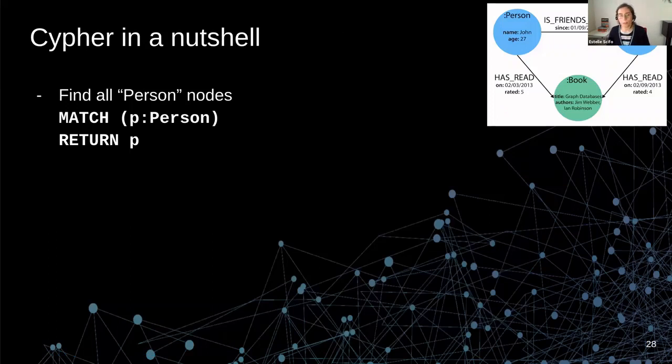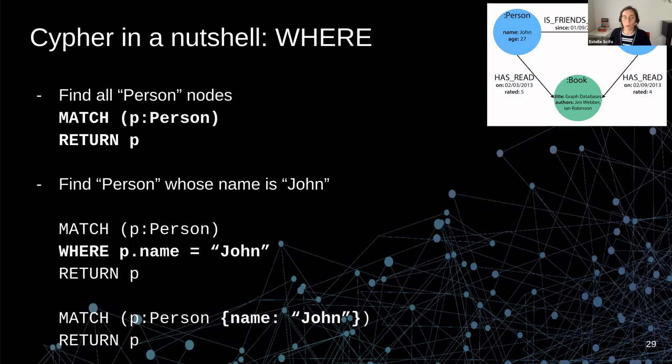So let me give you a few examples about how Cypher works. Here is the first query we can write, where we are selecting all nodes with the label person, which is done by using this colon here and then writing the name of the label.